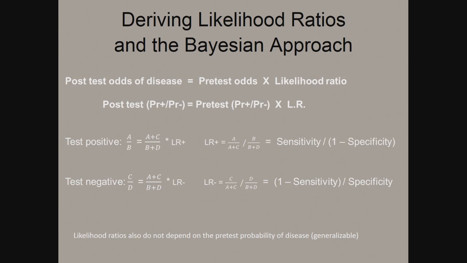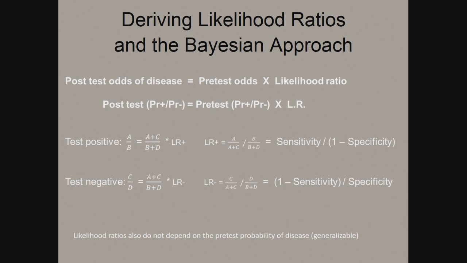For example, a 50% probability of disease, a 50-50 chance, is an odds of 1 to 1, or an odds of 1. If you have a 66% probability of disease, that corresponds to an odds of 2 to 1: there are 2 with disease for every 1 without. So you can interchange between odds and probability very easily.